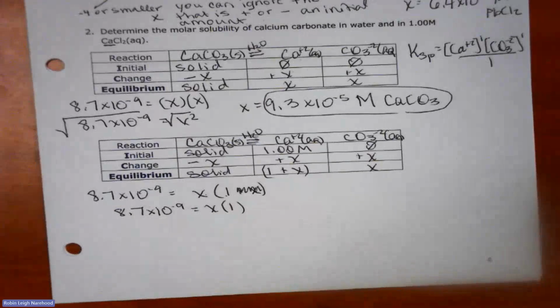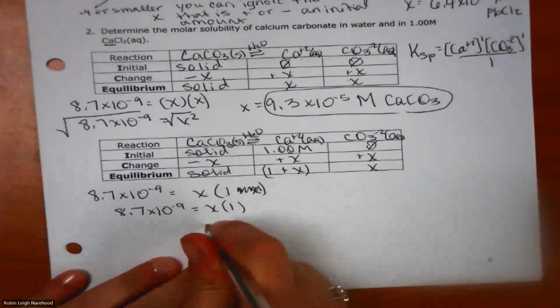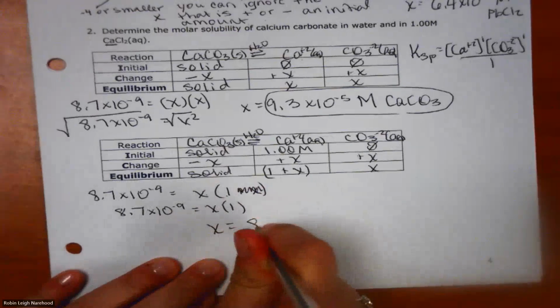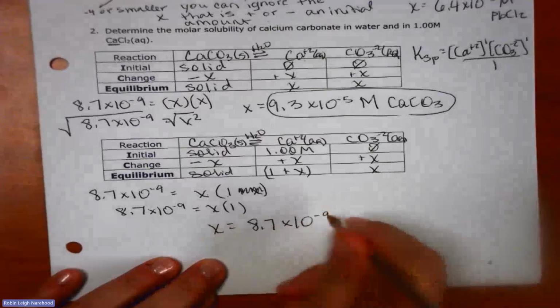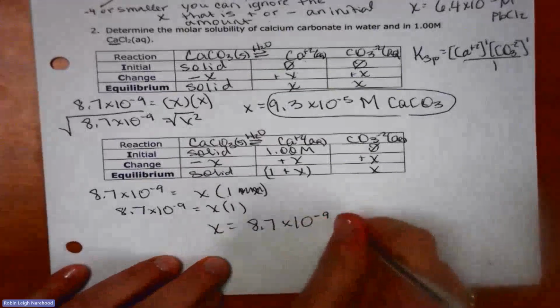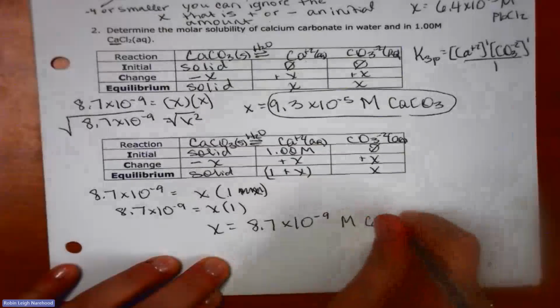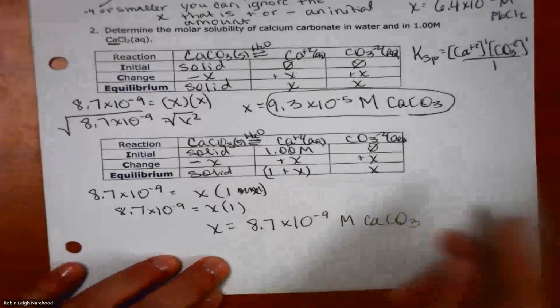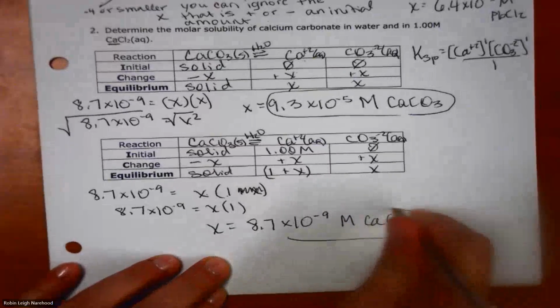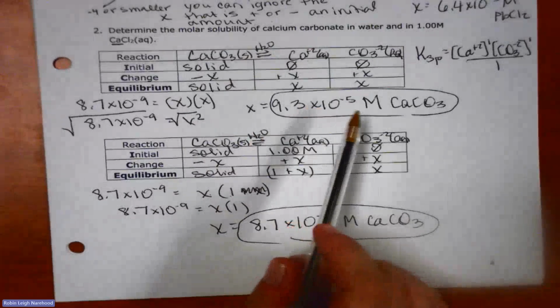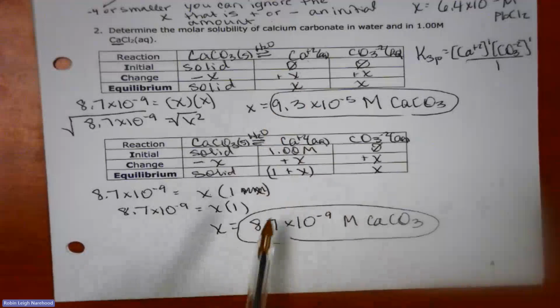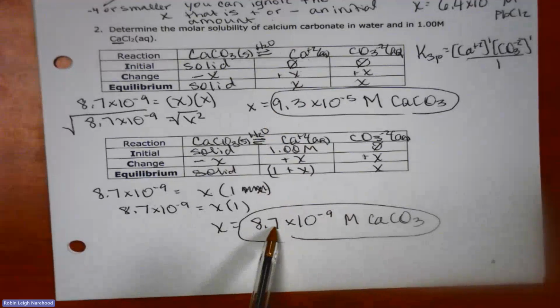So what is the solubility in 1 molar calcium chloride? 8.7 times 10 to the -9 molar calcium carbonate. What happened to the molarity of calcium carbonate when we tried to dissolve it into a solution that had a common ion?